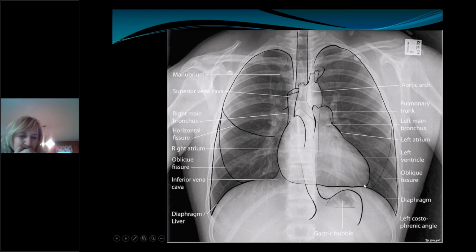Cardiac silhouette, that's huge. We should be able to identify that. The ribs, obviously, very obvious. The clavicle, very obvious. Spinous process, very obvious. The aortic notch as it comes off, very obvious. And then these diaphragmatic, costophrenic angles down in the corners here on the left and the right, very important things.